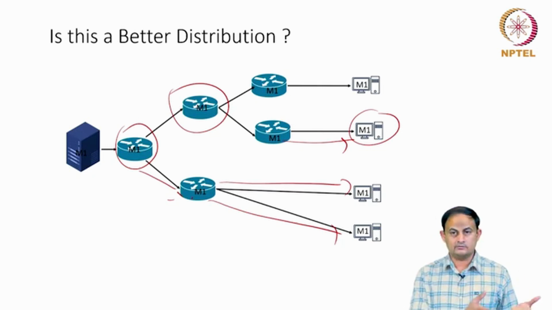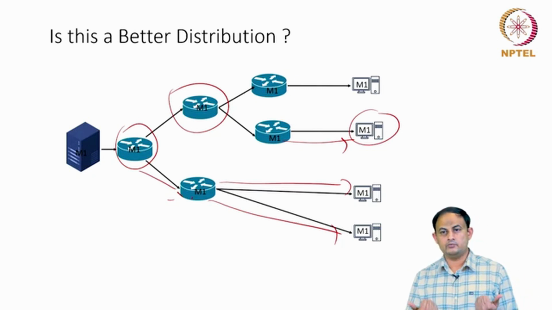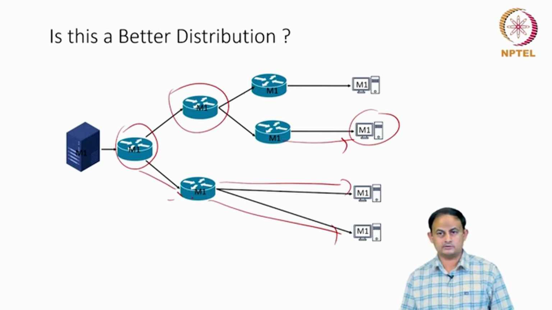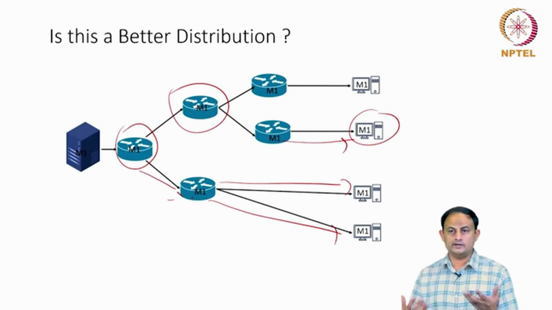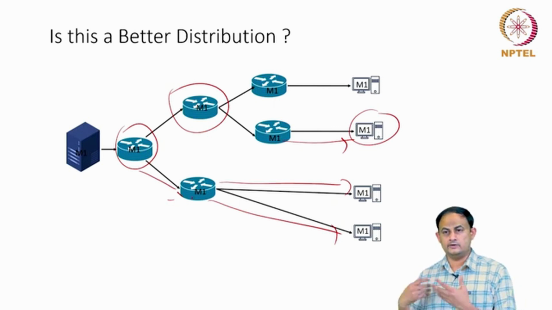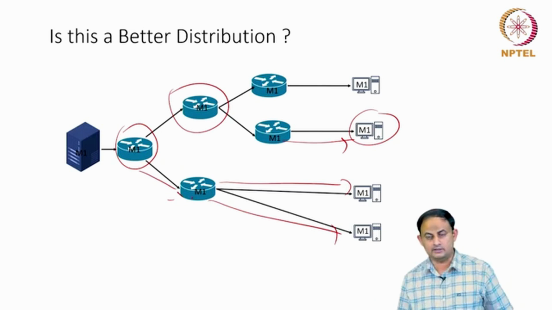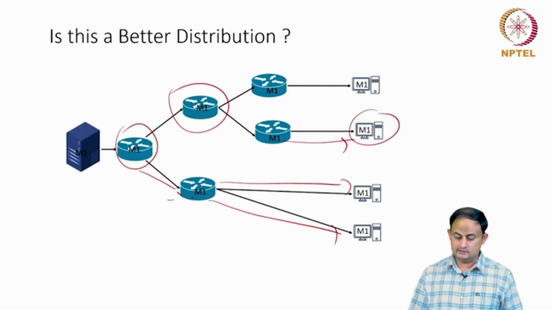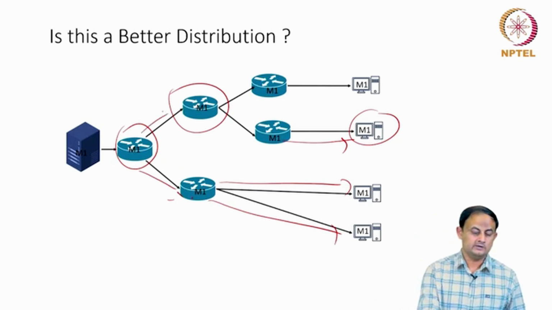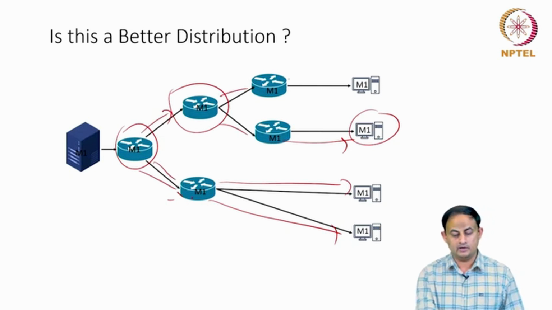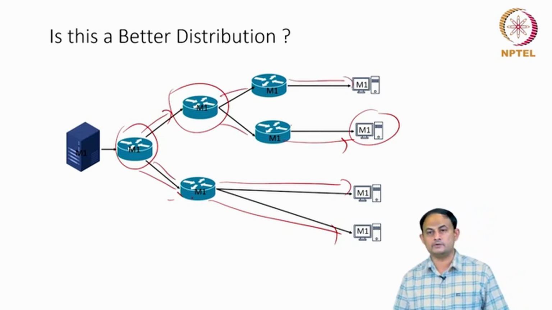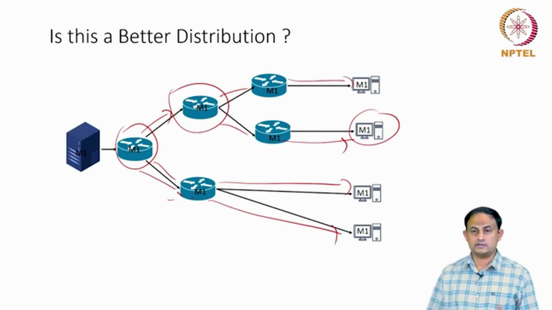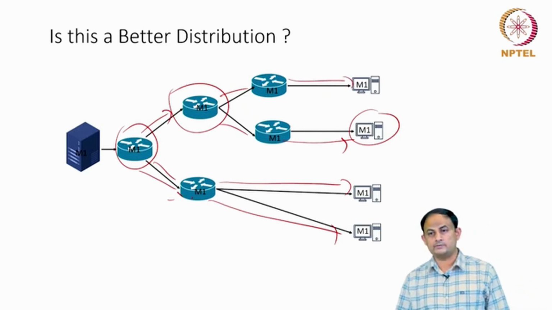The end server gives the movie M1 only one time, and these routers intelligently coordinate among themselves and make the movie available for all the end users. So effectively, on every link, the movie is transmitted only one time from one hop to the next. This is actually a very good way of transmission.